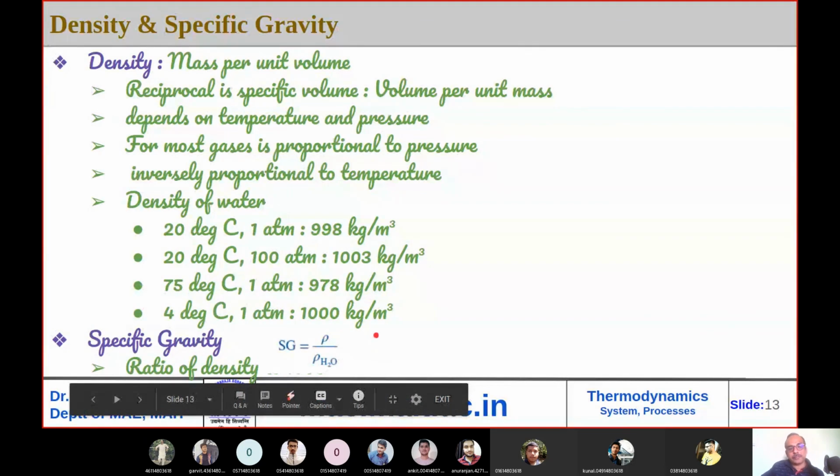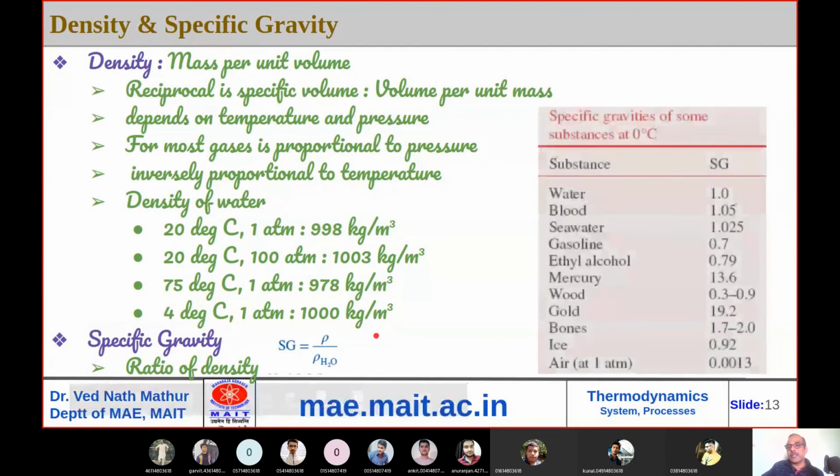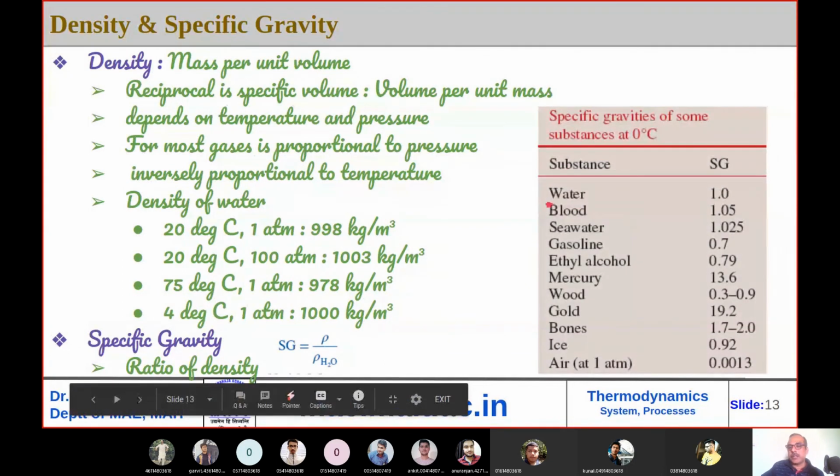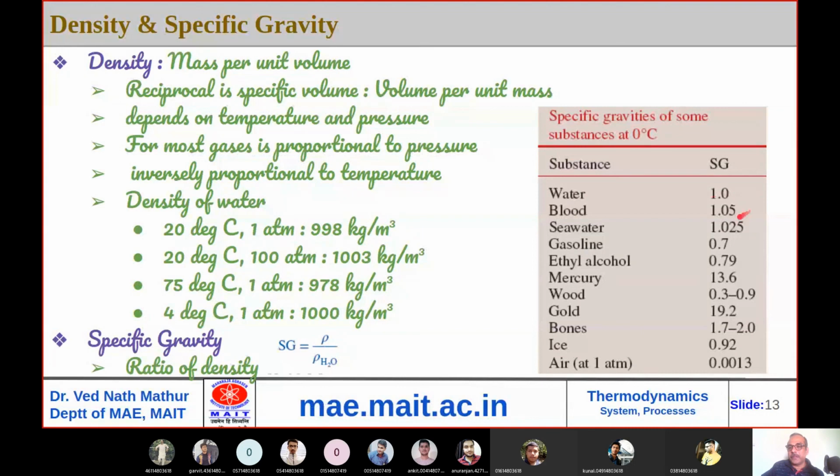If you look at the specific gravities of some substances, we assume water to be of specific gravity 1. Now, these are the substances whose specific gravity is more than 1. So that means they are heavier than water. This you should remember: the specific gravity of mercury is 13.6. So that means the density of mercury is 13.6 multiplied by 1000 kg per meter cube.